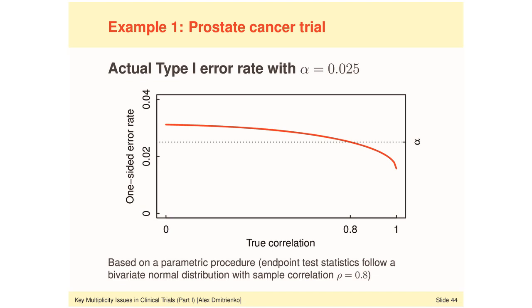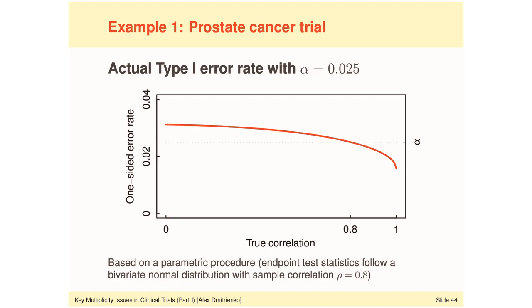Using this critical value, we will compute the family-wise error rate of the resulting multiple testing procedure, and it will be a function of the true correlation coefficient, which is unknown to us. We've estimated it, and the sample correlation coefficient is 0.8, but the true correlation could vary, could range from 0 to 1.